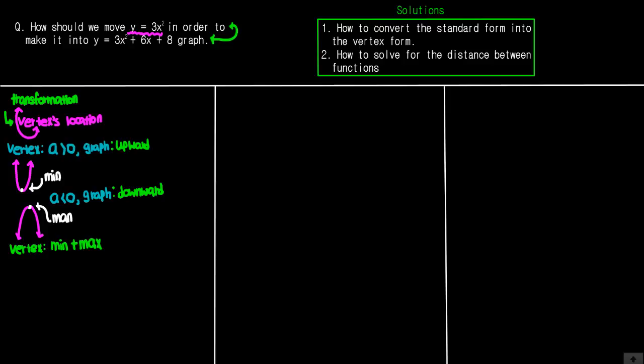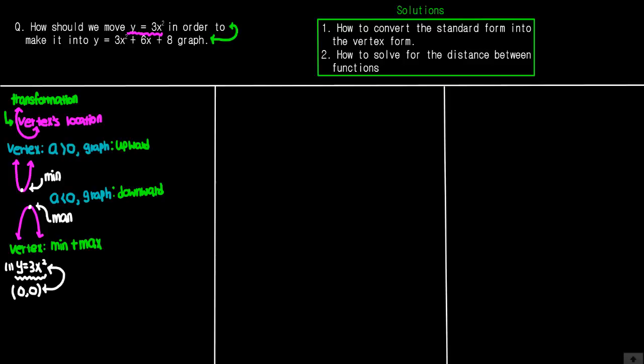So at first, let's think about the y is equal to 3x squared graph. From the y is equal to 3x squared graph, its minimum point is going to be (0, 0). The reason is that if there's any function that does not contain any constant, the vertex is going to be (0, 0), which can be either a maximum or a minimum point.